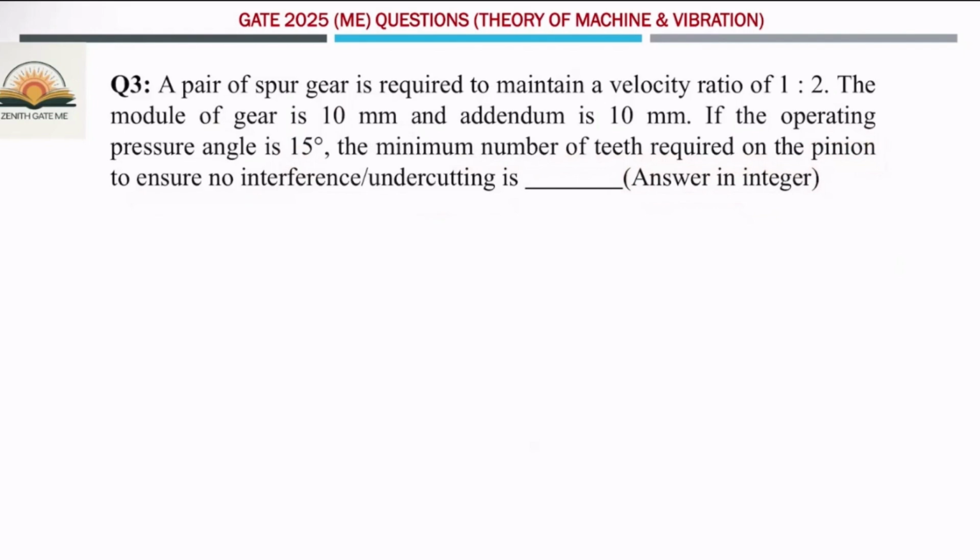Okay, so let me first of all write the given data. The velocity ratio, what is the velocity ratio? 1/2. That means, can I write the gear ratio is nothing but 2, because the gear ratio is the reciprocal of velocity ratio. And the module is given as 10 mm. And addendum is given as 10 mm.